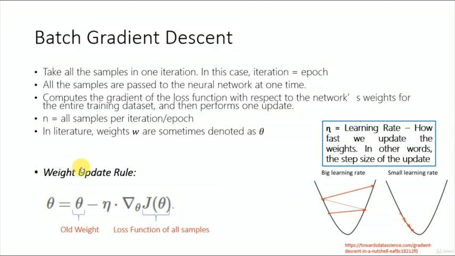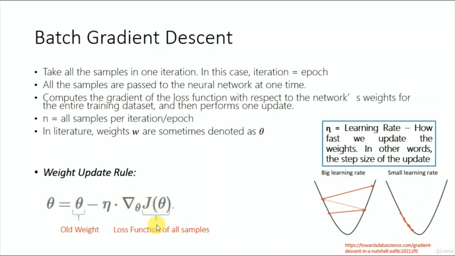So this is the weight update rule. Theta is the weight. Your new weight equals the old weight minus the learning rate times the differentiation of the error with respect to the weight. This whole thing is just another term for the differentiation of the error with respect to the weight. This loss function is calculated for all of the samples.